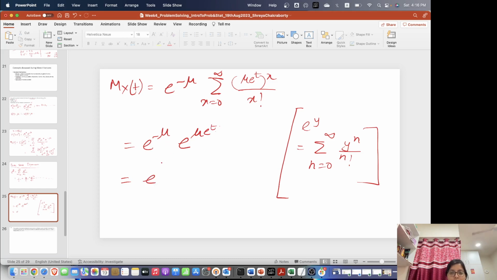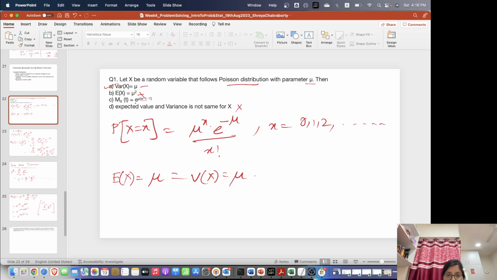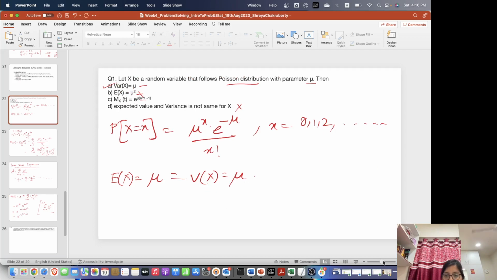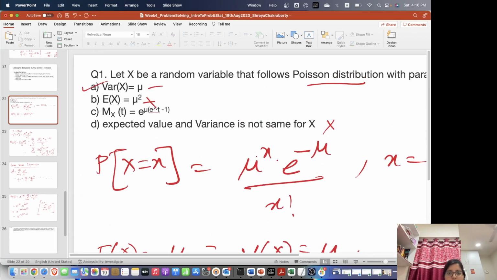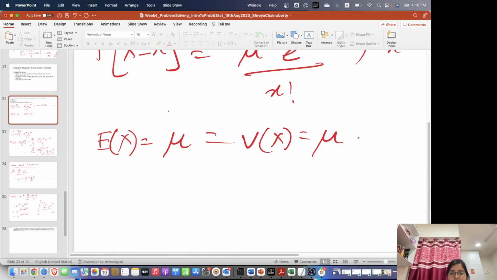This will be e to the power minus mu plus mu e to the power t. If we take mu as common, it will be e to the power mu into e to the power t minus 1. You got it? E to the power mu into e to the power t minus 1.